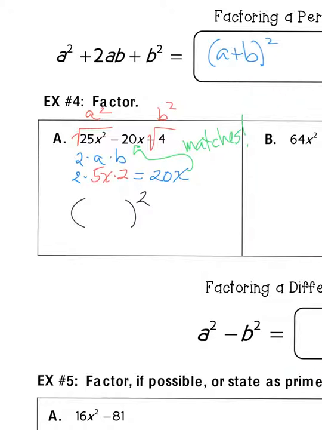It's this one and this one. So I'm just going to take these and put them there. So I'm going to get a 5x here and a 2 here. Then the middle sign is going to come from here. Middle sign is negative, so the middle sign here is a negative.